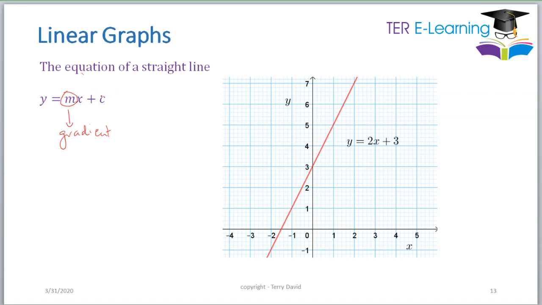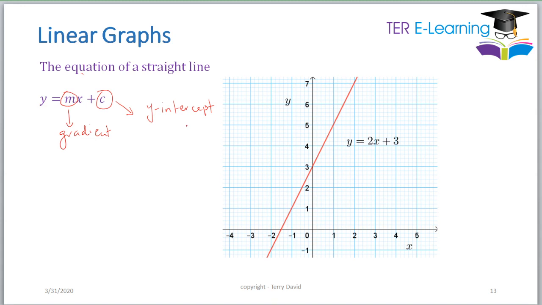The next constant in this equation is this c here. This c is what we call my y-intercept, right? So my c, or the constant here, is called my y-intercept. So first thing you need to know, every straight line has an equation of the form y equal to mx plus c.